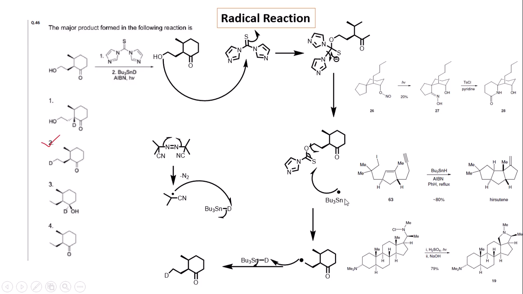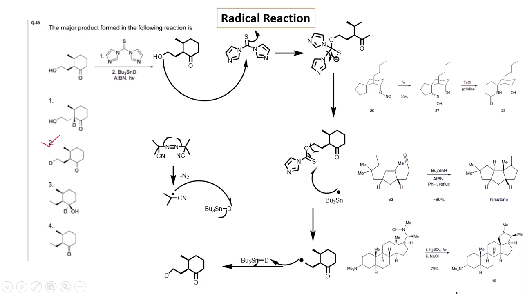After the preparation of the radicals, the tributyltin radical can attack the sulfur system and produce an alkyl radical, and then this alkyl radical can capture the deuterium atom to produce the desired product, which matches with option 2, and hence the correct option is 2.